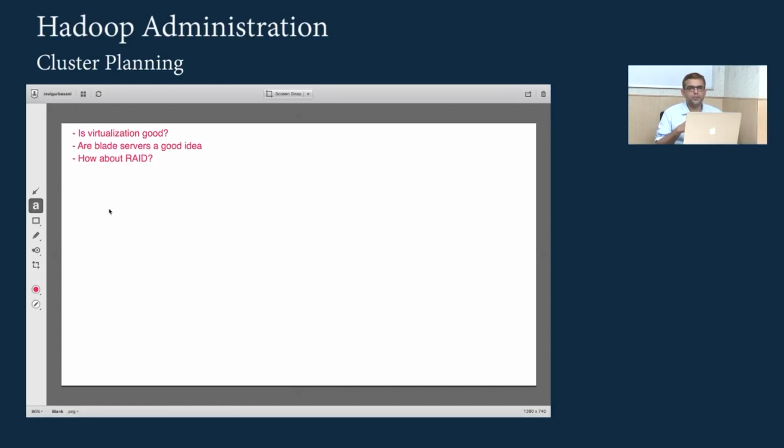JBOD is just a bunch of disks where the disks are not RAIDed, but they are independent and the data gets written. In our lab, when we are setting up our clusters, all our disks or folders are completely independent, also called JBOD, just a bunch of disks. When you use just a bunch of disks, you are guaranteed to have around 30% better performance than RAID.